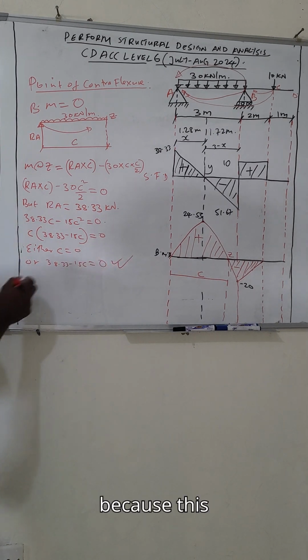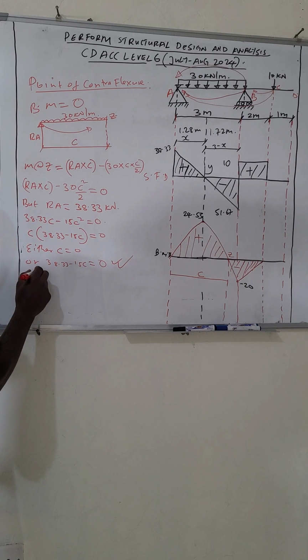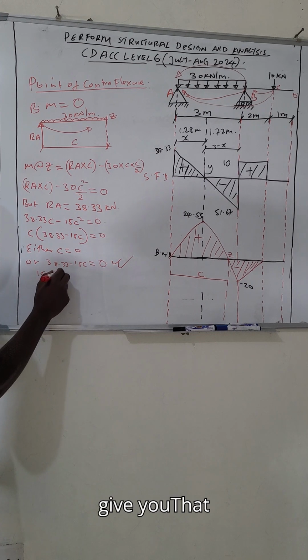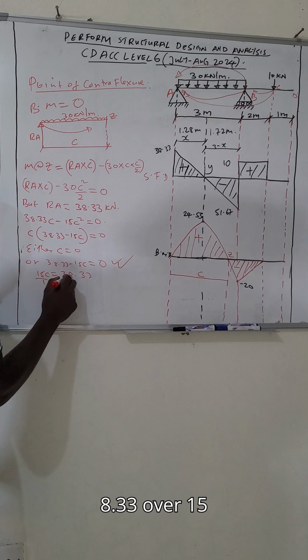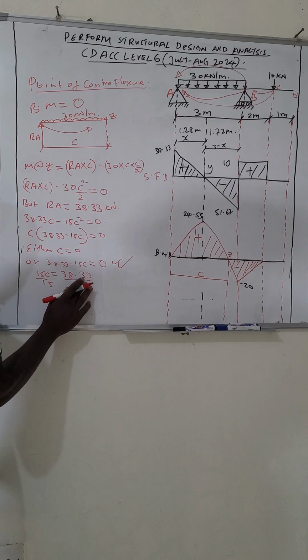We'll solve this one because the first is automatically 0. So 15C equals 38.33, so C equals 38.33 over 15.